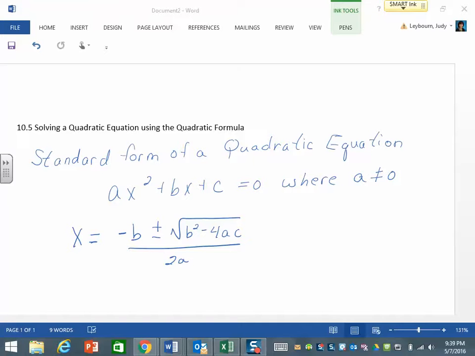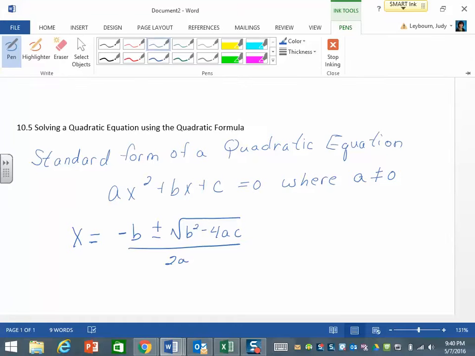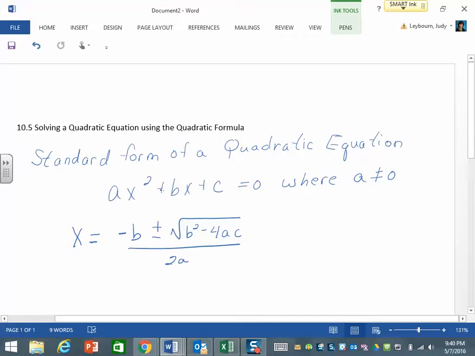Just to review, the standard form of a quadratic equation is ax squared plus bx plus c equals 0, where a is not equal to 0. There are times when it's just not possible to factor a quadratic equation, and we have values for a, b, and c, so we can't necessarily use the method of finding the square root.